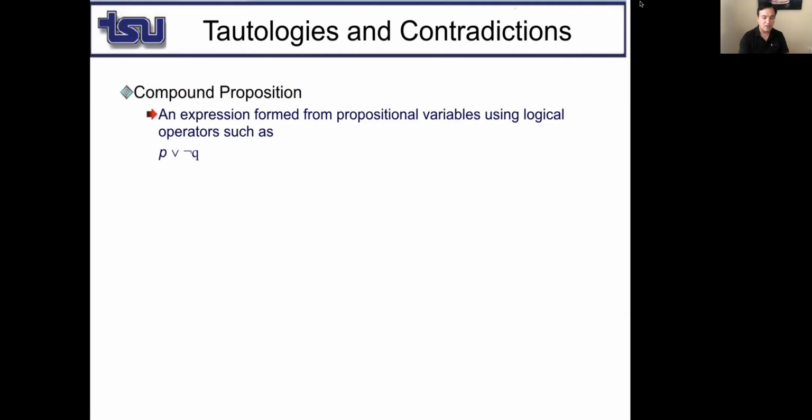If you recall from last lecture, a compound proposition is constructed using existing propositions with certain connectives. So basically, it's an expression formed from propositional variables using logical operators such as OR. So P or Q is a compound proposition.